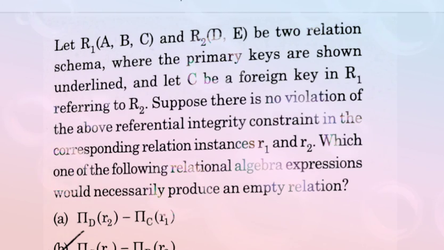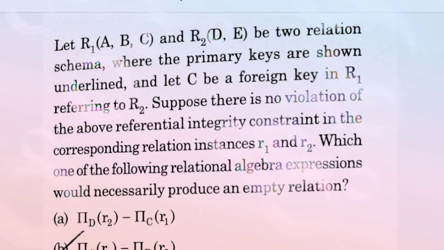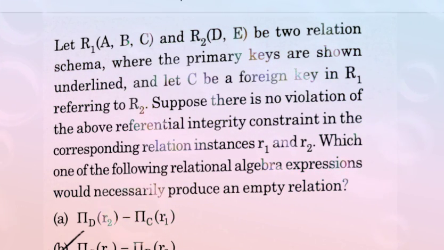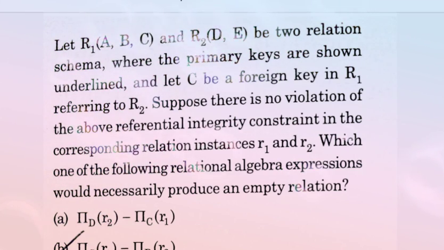Next question. Let R1 having A, B, C and R2 having D and E be relation schemas where the primary keys are shown underlined, and let C be a foreign key in R1 referencing R2. Suppose there is no violation of the above referential integrity constraints in the corresponding relation instances R1 and R2. Which one of the following relational algebra expressions would necessarily produce an empty relation?